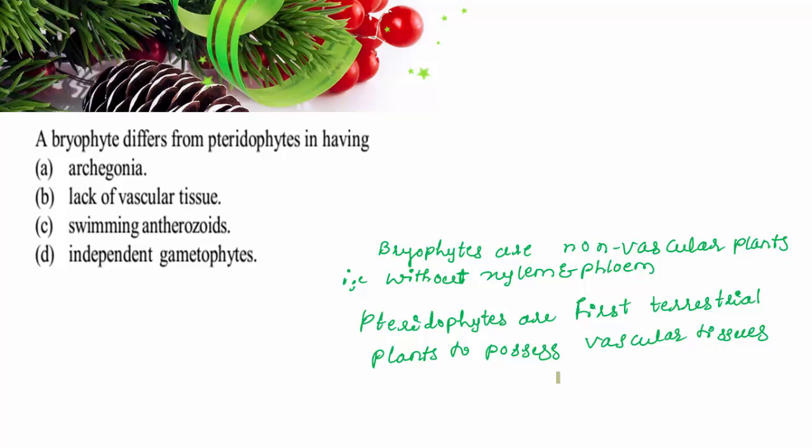Independent gametophyte is present in case of bryophytes. What is the difference? The bryophytes do not contain vascular tissues. They are avascular or non-vascular plants. Bryophytes are non-vascular plants because they are without xylem and phloem. Pteridophytes are the first terrestrial plants to possess vascular tissues. So B is the right answer for the question.